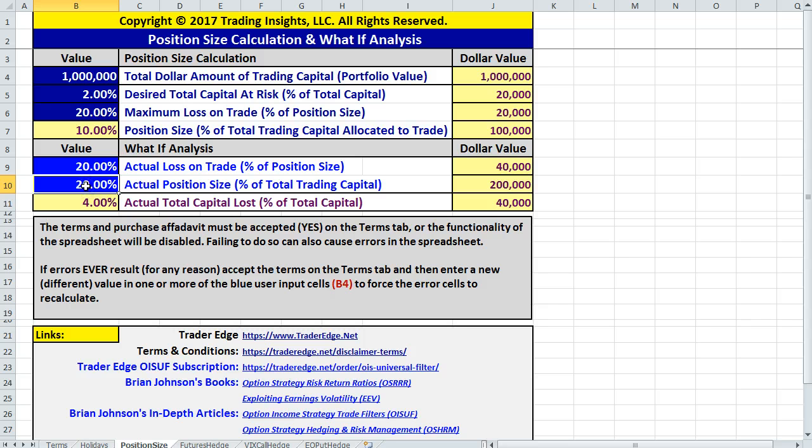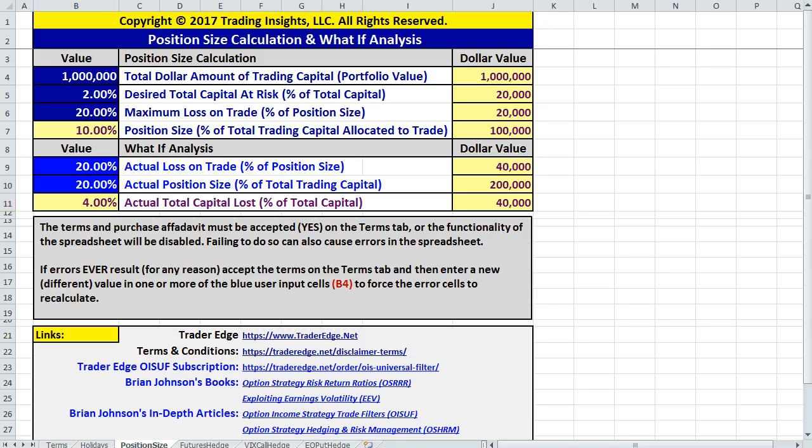So in other words, our position size was significantly larger than planned. We would incur a 4% actual total capital loss. So basically it says that if we doubled our actual position size relative to our calculated position size, then the total capital at risk would increase from 2% to 4%.